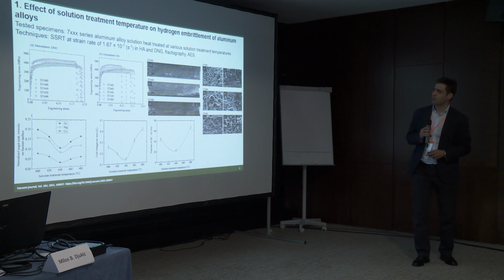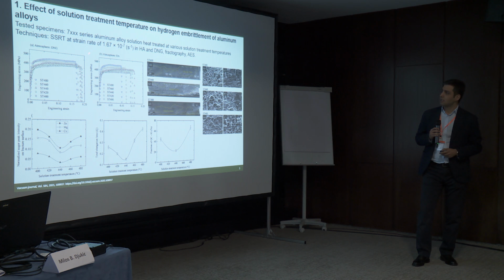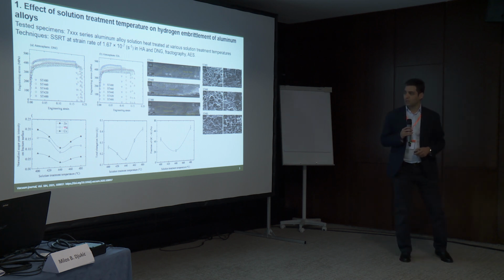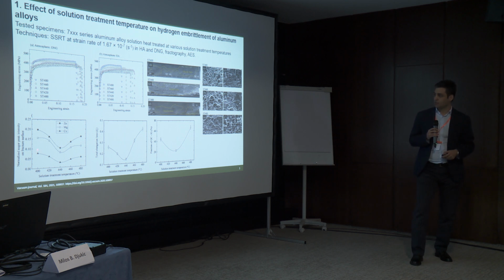You can look here: if we compare these two tests, one is DNG, in dry nitrogen gas, the other in a hydrogen environment, we can see that the difference is comparable exactly to the segregation of these alloying elements.